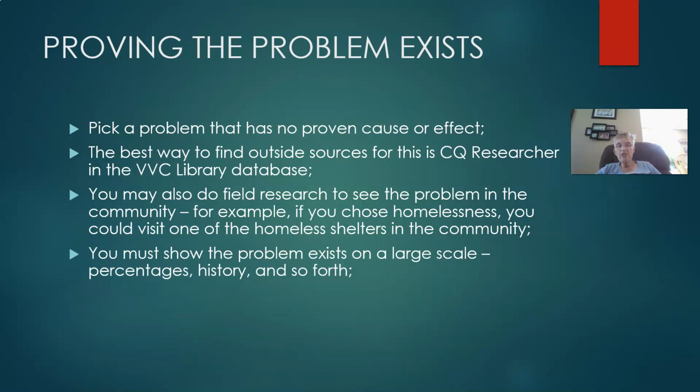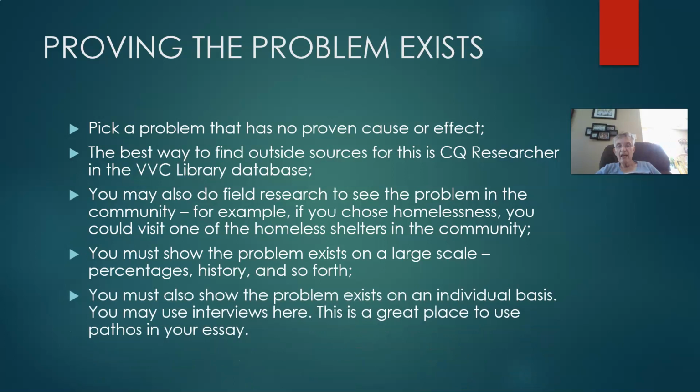Show the problem exists on a large scale, like percentages and history and so forth, and then show the problem exists on an individual basis. You can use interviews here. You could use pathos in your essay for this, but it really does have to have both. You've got to prove the problem exists largely, but then how does it affect people minutely, each individual person?